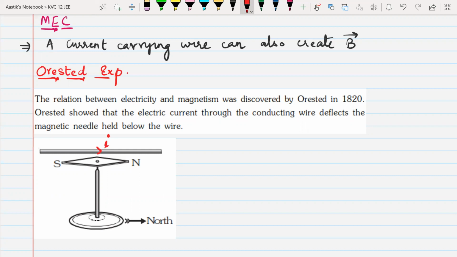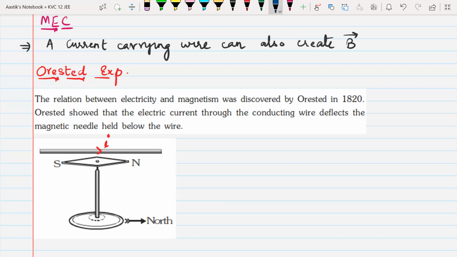That made him understand that a current carrying wire can produce a magnetic field, and that is known as the Ørsted experiment. Do we understand this? Yes, sir.